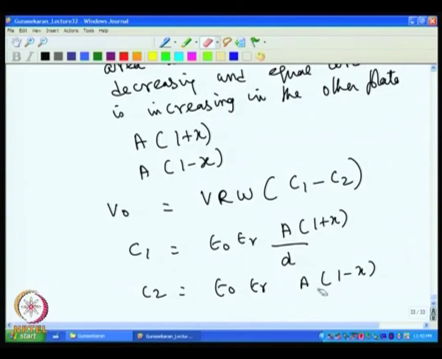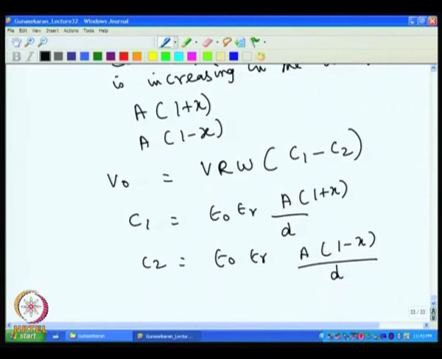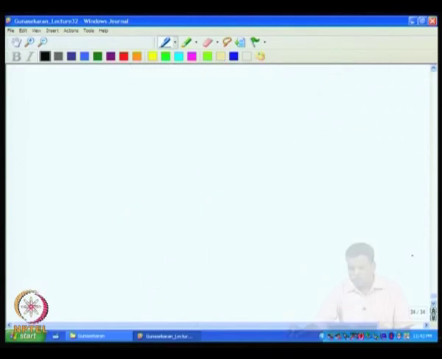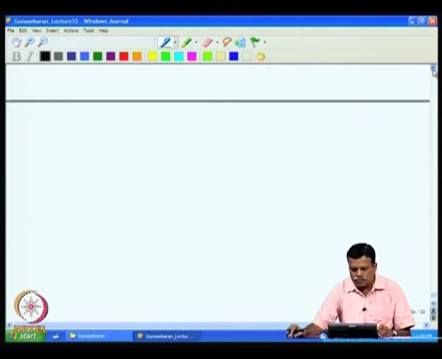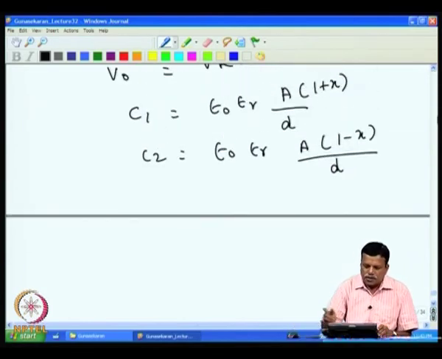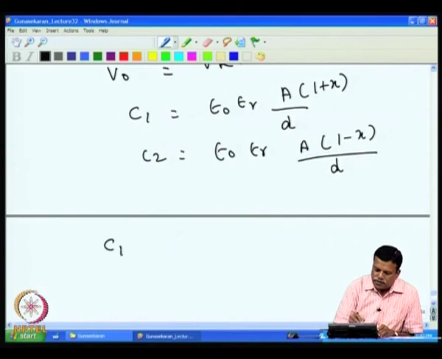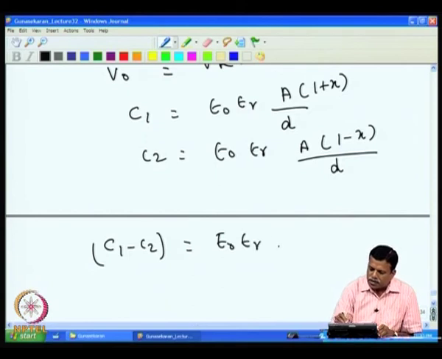divided by D. Now, if I calculate C1 minus C2, it will appear as epsilon naught epsilon r, and then you have A and D constant.